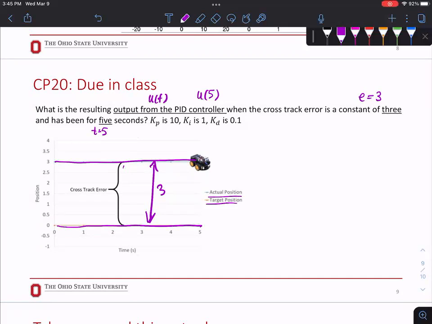I will write the control law here for you. This is your controller. I want the output of this for the situation that you have.